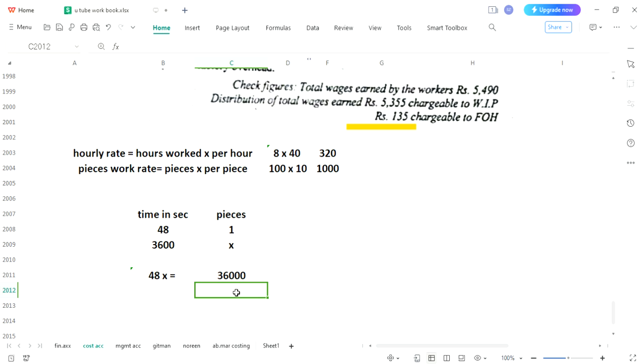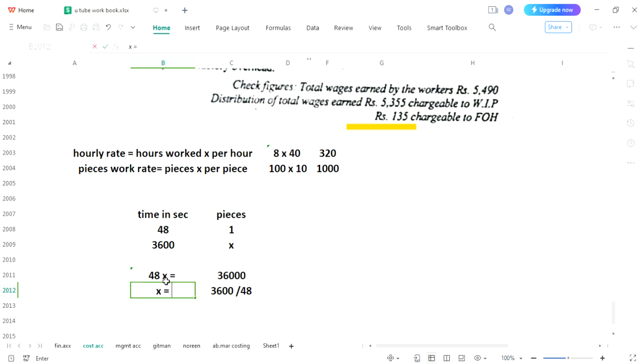So what we will get: 3600 is already present on the right side, and we are taking 48 from the left to the opposite side. So it would be divided by 48. And what would be left on the left side of the equal-to sign is only x.